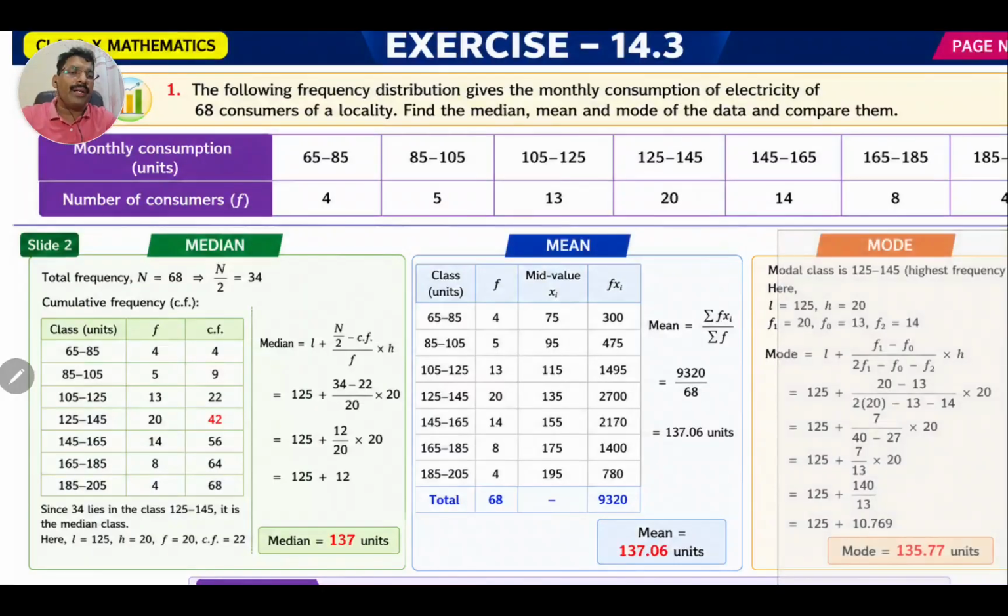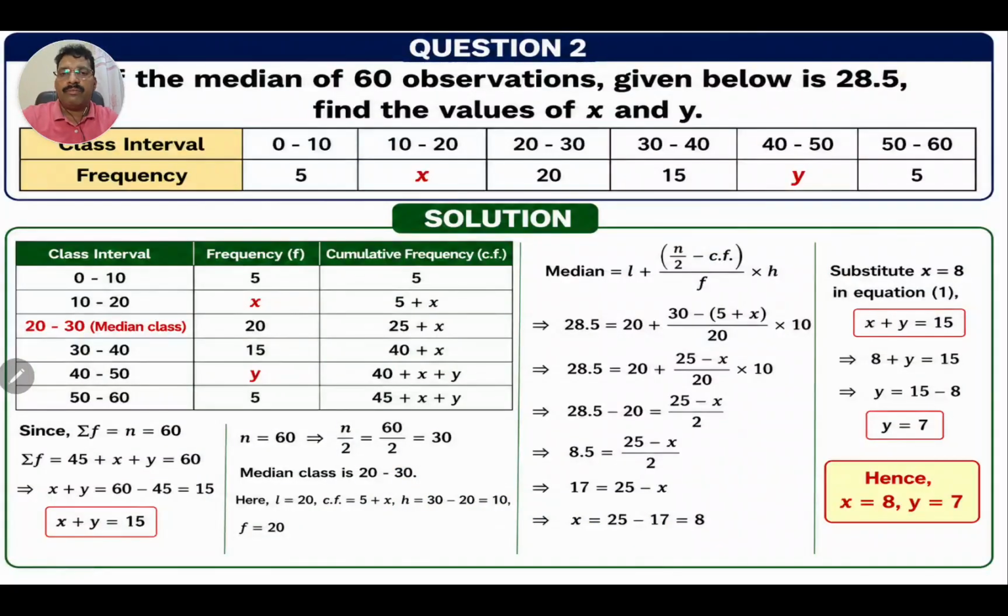Next, the mode: we already know the formula, L plus f1 minus f0 by 2 f1 minus f0 minus f2, into h. Substituting all the values in the formula and simplifying, we got 135.77 units. The comparison is also asked: median value 137, mean value 137.06 and mode value 135.77. So in this way you have to find.